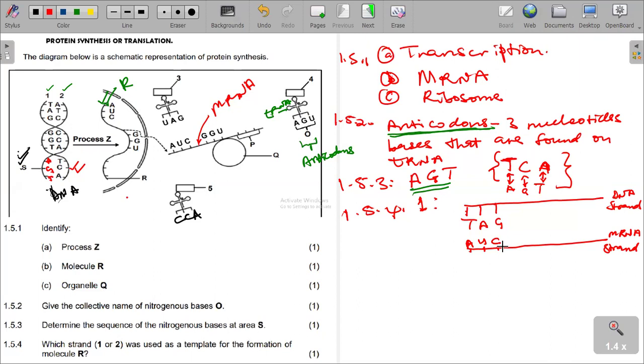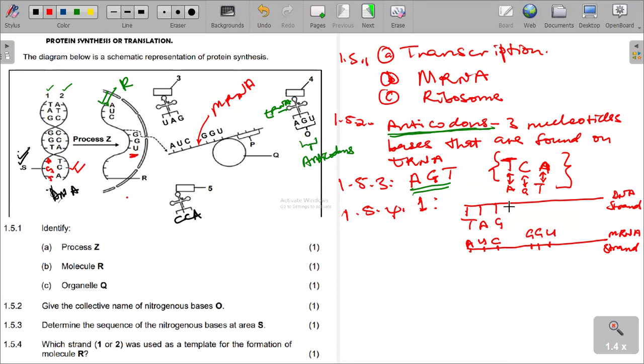And then just for clarity's sake, you can see again here at the center of our R strand, our mRNA, we have got GGU. So GGU is given here to say that here at the center we have GGU.